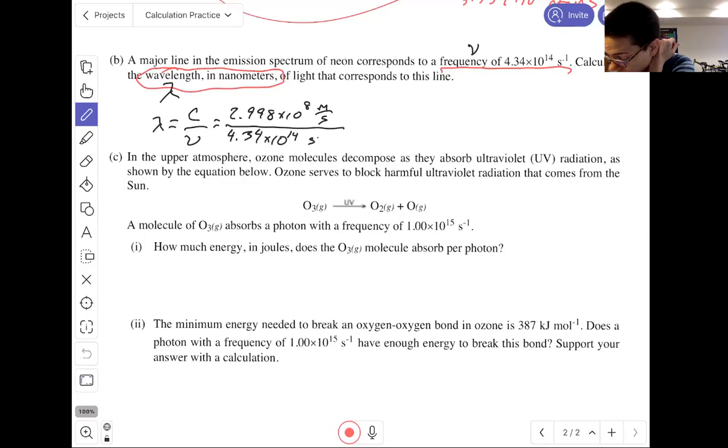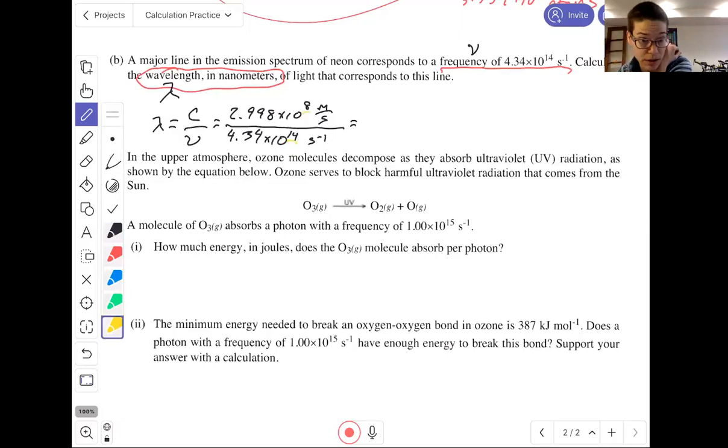Inverse seconds. So if I plug those in, again, you should think about your answer logically. I've got 10 to the 8th in the numerator. I've got 10 to the 14th in the denominator. So that should end up with something about the negatives around -6, because 8 minus 14.